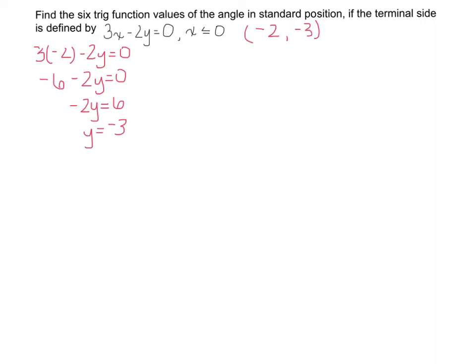I know this is going to come out as a pretty nasty number, so I'm going to have a radical. So this ends up being 4 plus 9, which is 13. r is the square root of 13.